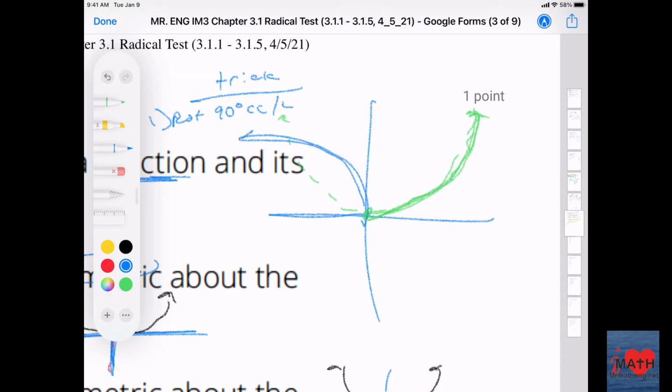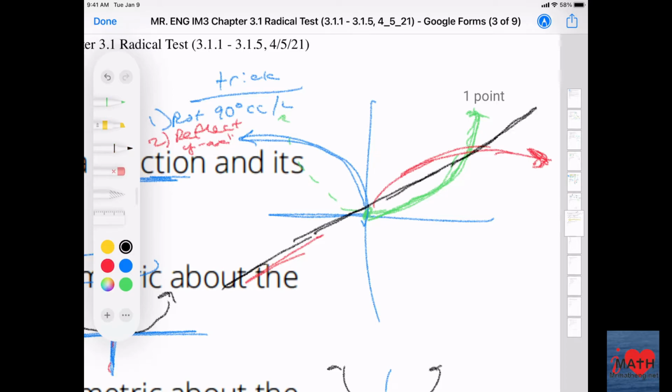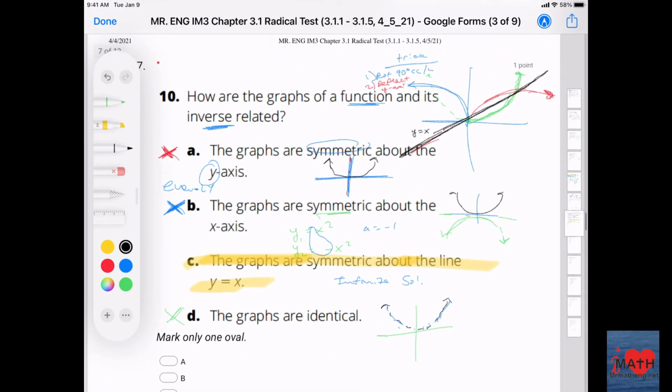So over here, and then the next one would be reflect it over the y-axis, so that your graph would look like that, right? Which is, if you think about it, this red graph is the inverse, but here's a relationship I'm talking about. It reflects actually over this line here. That line right there is called y equals x, which is called an identity. So the correct choice is C. The answer for number 10 is letter C.